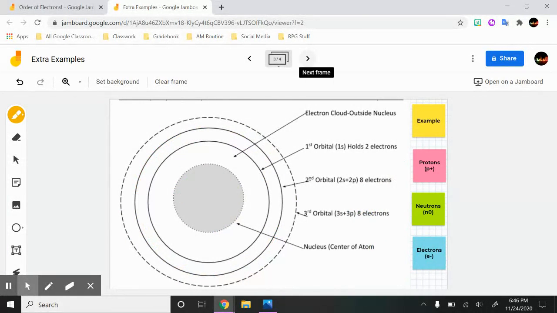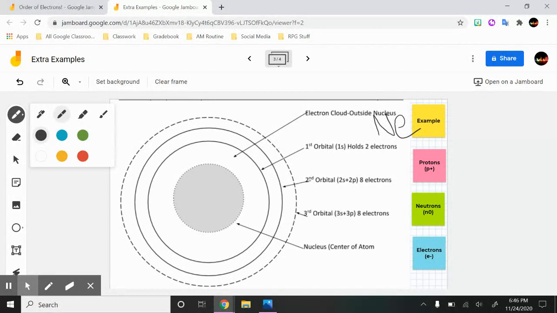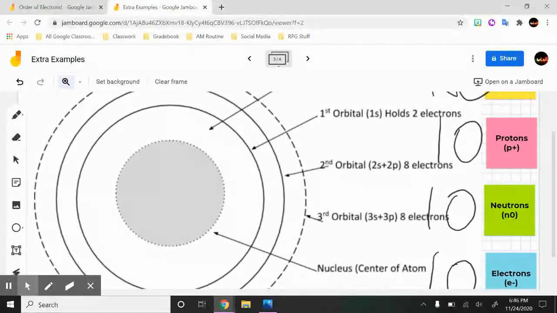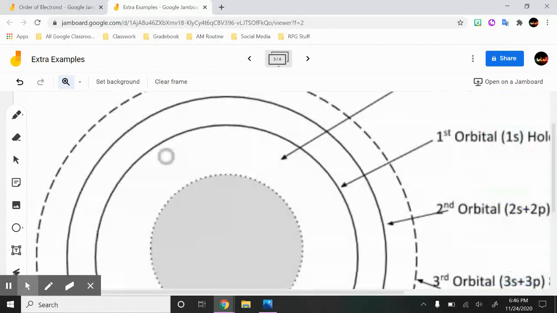All right, let's do one more example. Let's do neon. Neon has 10 protons, 10 neutrons, and 10 electrons. So it's going to get a little busy. I'm going to zoom into my nucleus for this one because I have so many to draw.